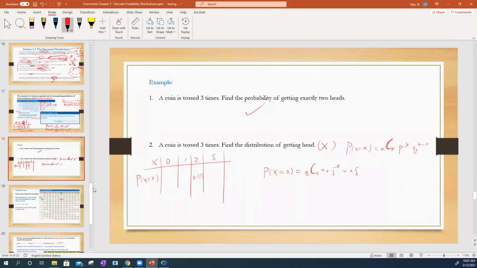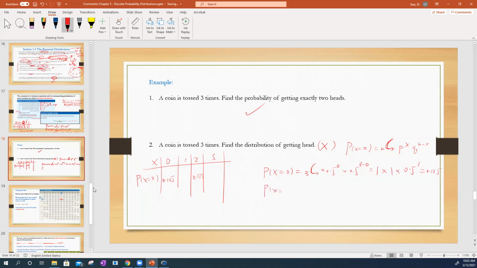That's 0.5 to the power of 3 minus 0. So 3 choose 0, that's just from a bowl of three balls, and then you want to choose nothing. So one way to choose nothing, right? So that's 1 times 0.5 to the power of 0, that's 1. 0.5 to the power of 3, that's 0.125. So we fill that in.